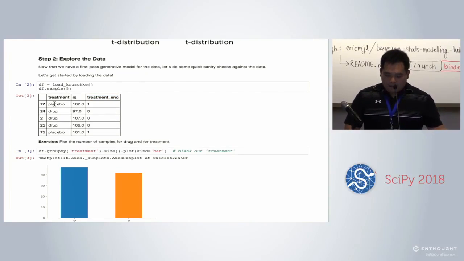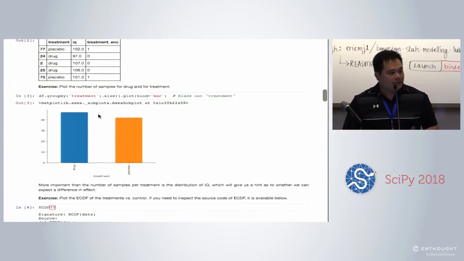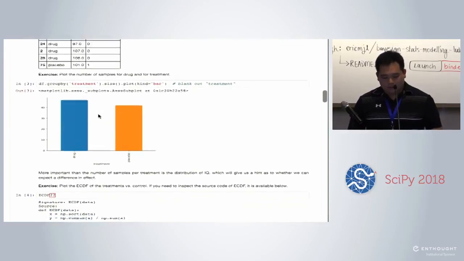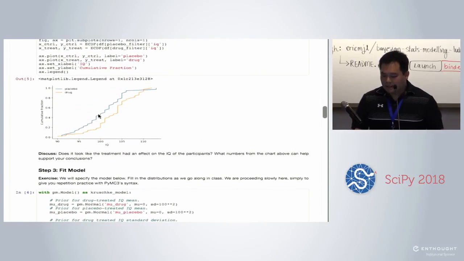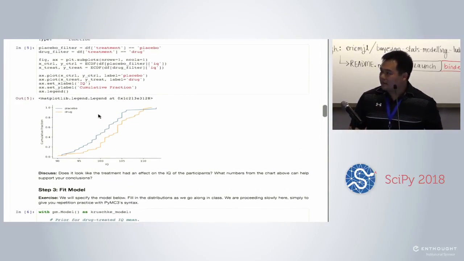Okay. I'd like you to go ahead, explore the data a little bit, run that first cell, which is a convenience function that I've built in for you. It's called load Krushki. Get a feel for what the data looks like. You should see that it has 3 columns. There's a treatment column, which indexes what treatment there is. There is the IQ of the particular participant.